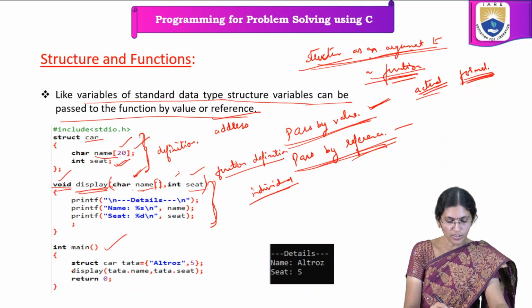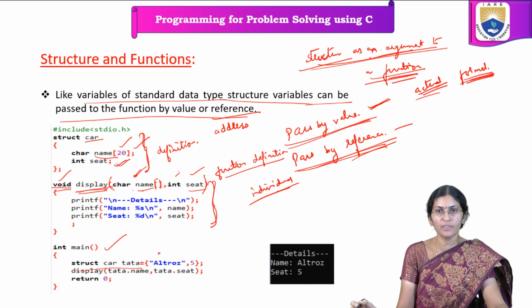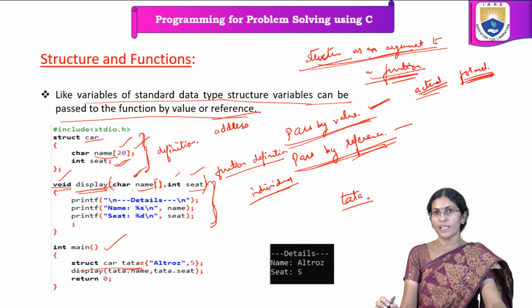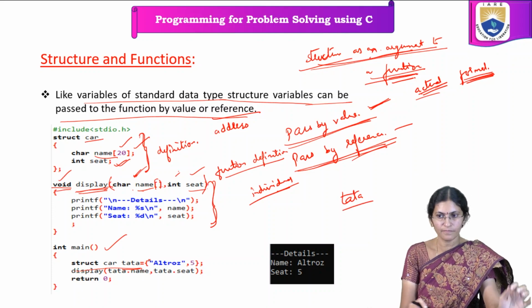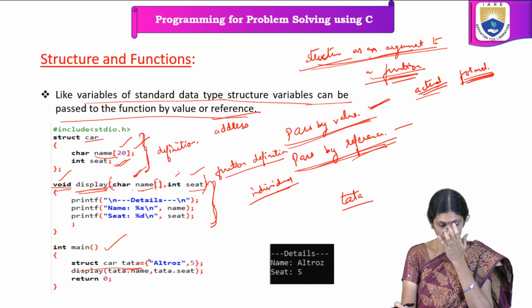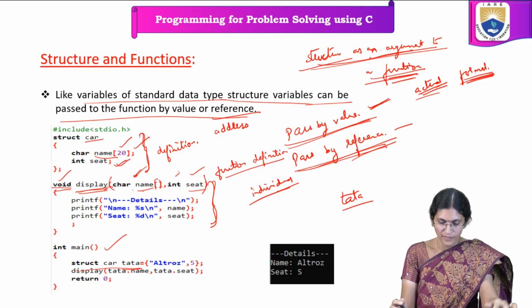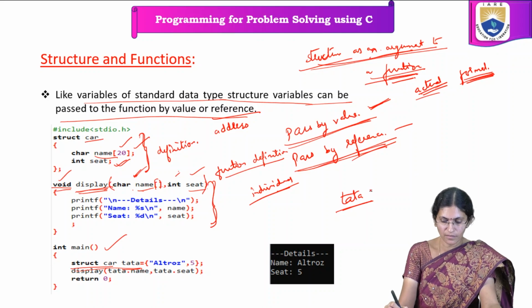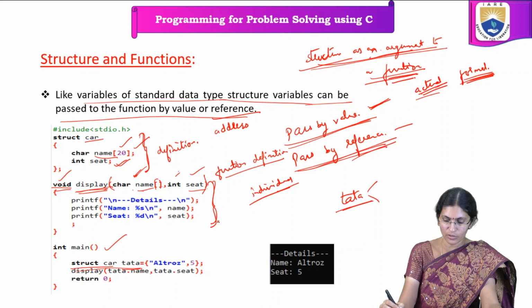In the main function we have defined a variable of type struct car. Tata is a variable of type struct car. It has two members, therefore we need to assign it two values.